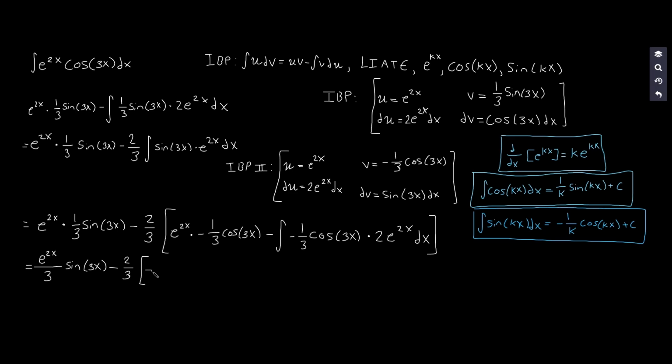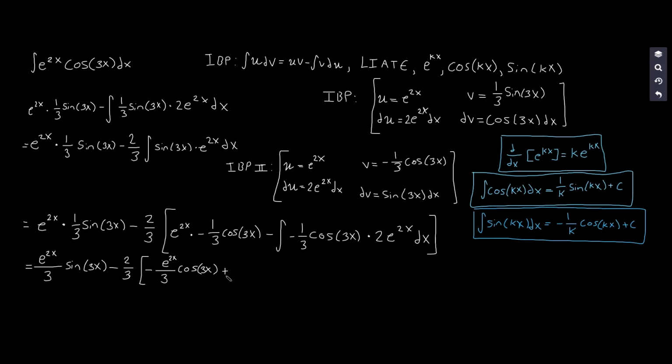I think I'm going to do the same thing out here. Negative e raised to the power of 2x over 3 times cosine of 3x, minus, well, I'm going to factor out that negative 1/3 and that 2.